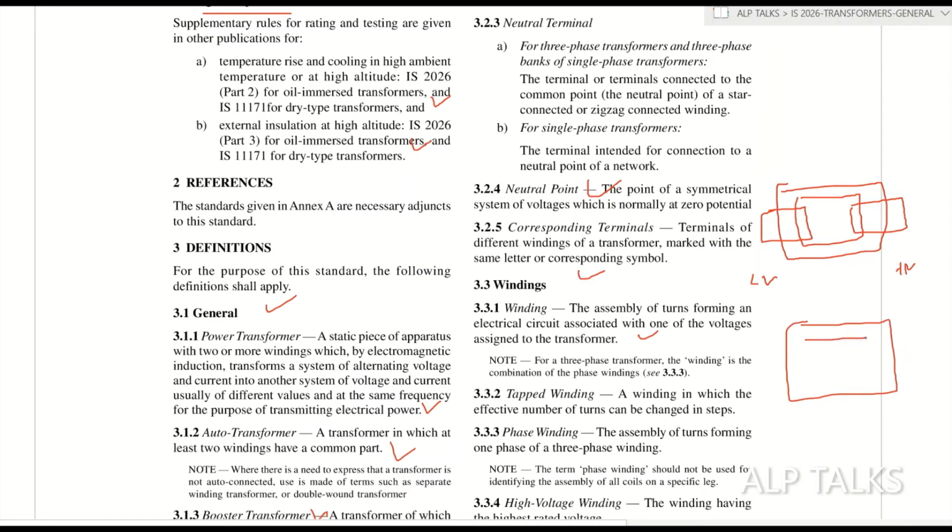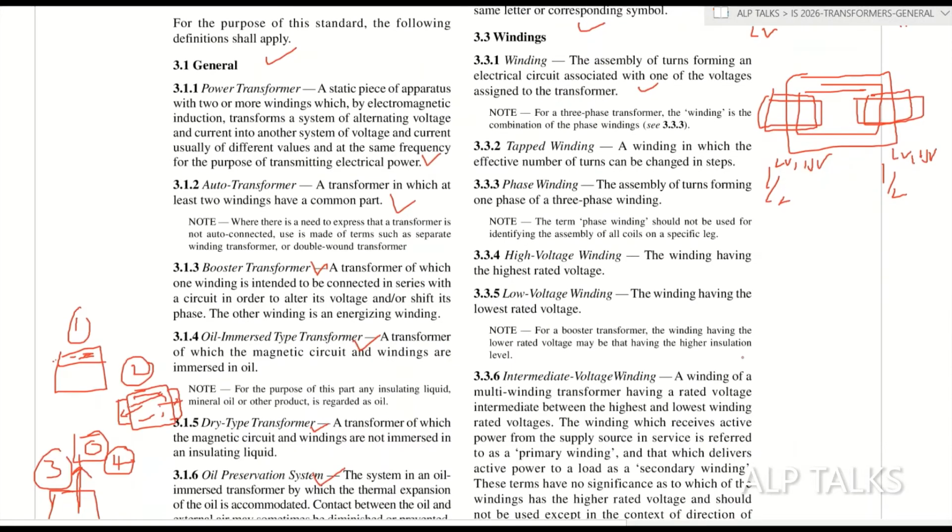Say for example, this is the core. Here, over the LV, we directly wind the HV winding. In this limb also, in a similar way. So half winding here, half winding here. So this is LV, HV. Similarly LV, HV. Like that we have windings.